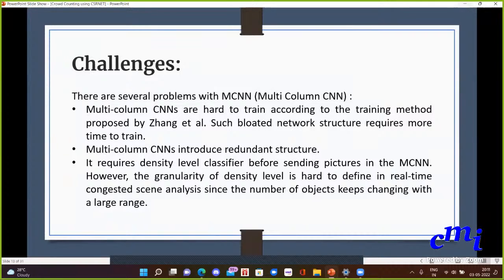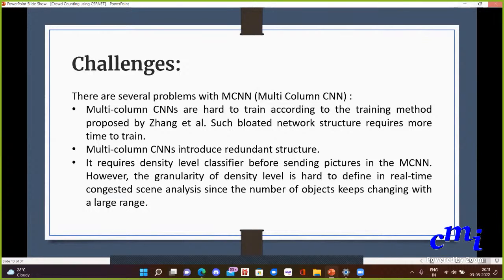Like for low dense, one of the structures is activated, and for medium dense another. So at the same time, all three are not activated. So it actually introduces some redundant structure, and it requires a density level classifier before sending pictures into the MCNN.